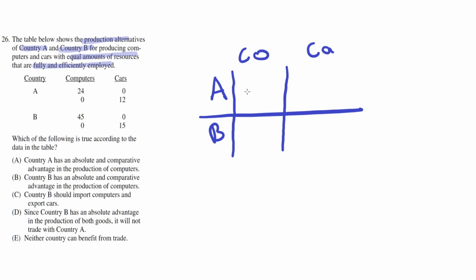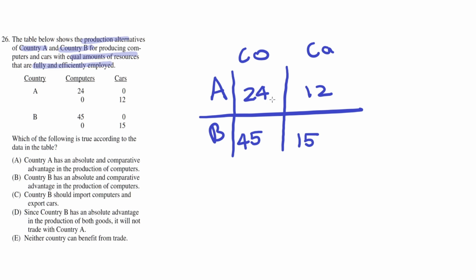So country A can produce 24 computers and 12 cars, and country B can produce 45 computers and 15 cars. So we can see clearly that country B has the absolute advantage in the production of both computers and cars because they can produce more computers and more cars than country A can.